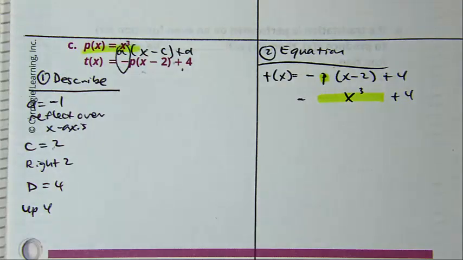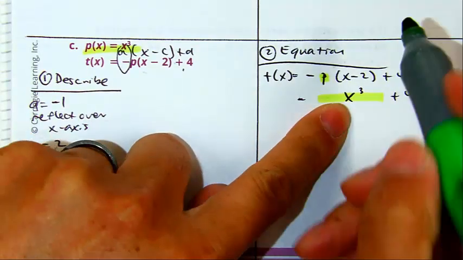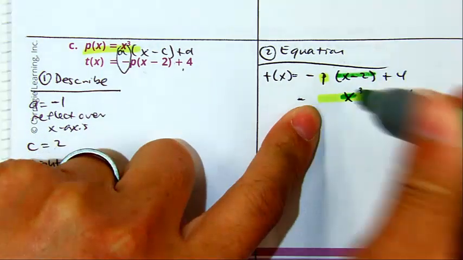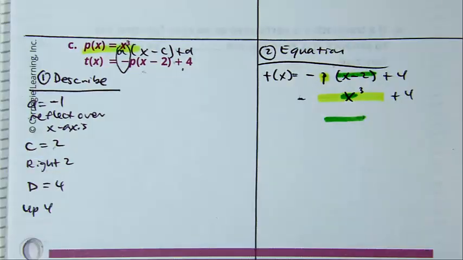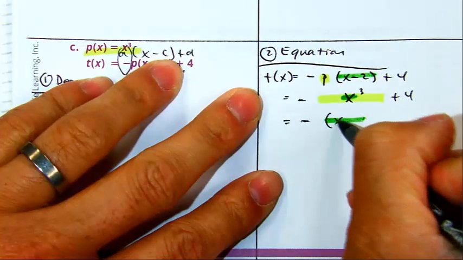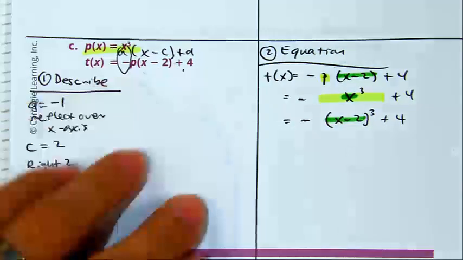Now, here is the second substitution. Instead of placing x here, I'm going to be putting in x minus 2. X minus 2. So this is what I have. The opposite of x minus 2 cubed plus 4.